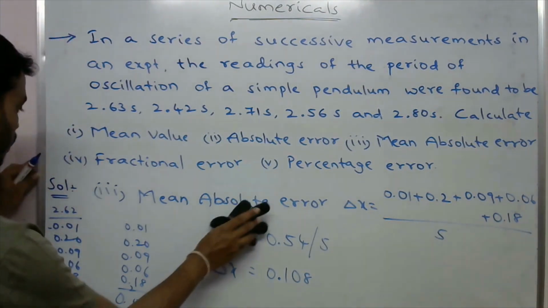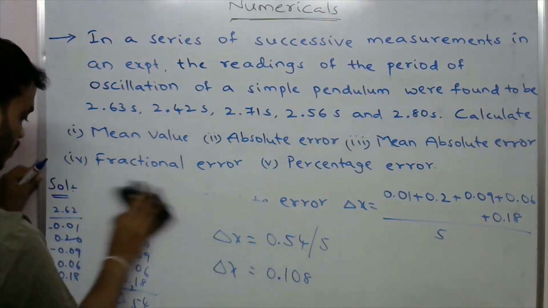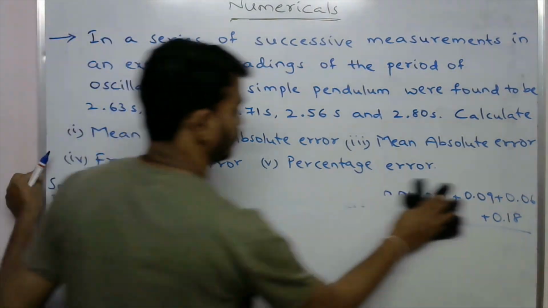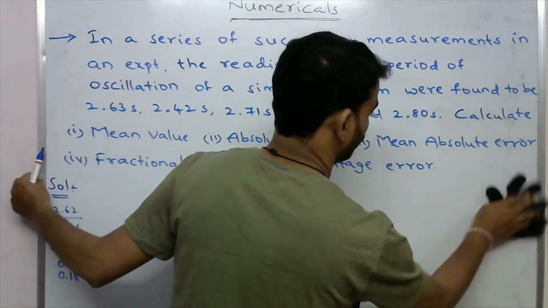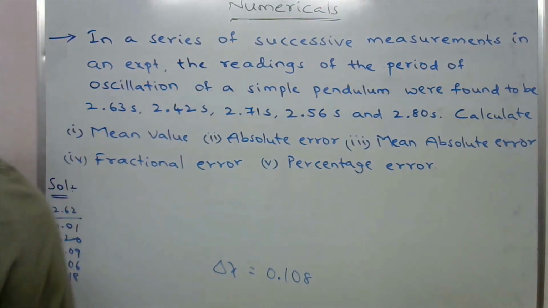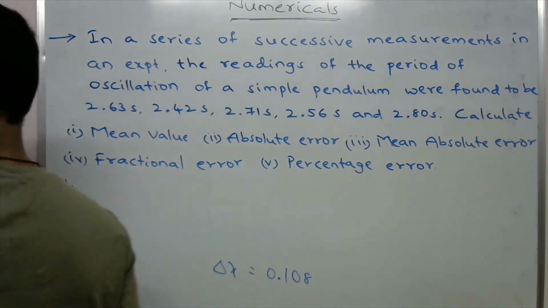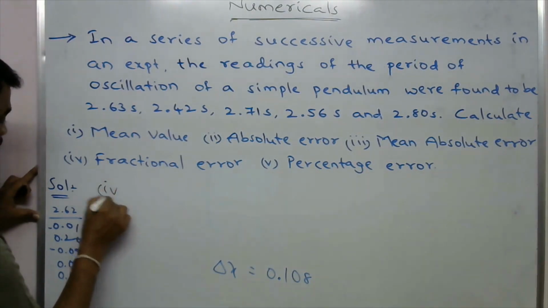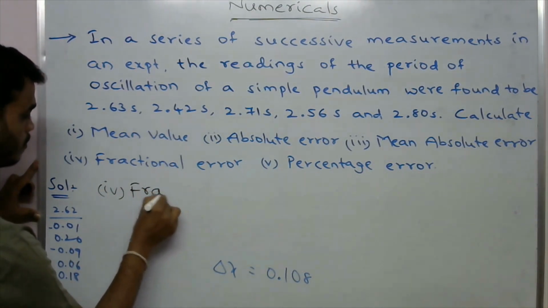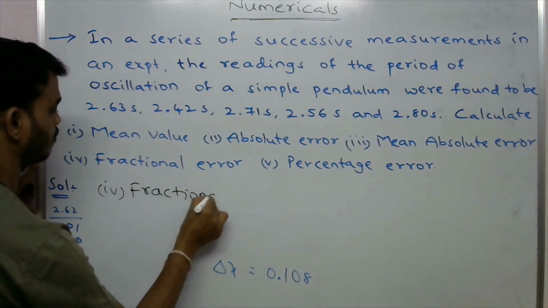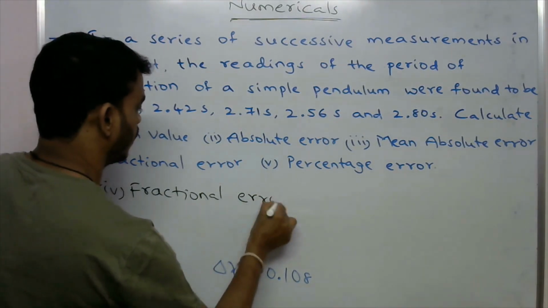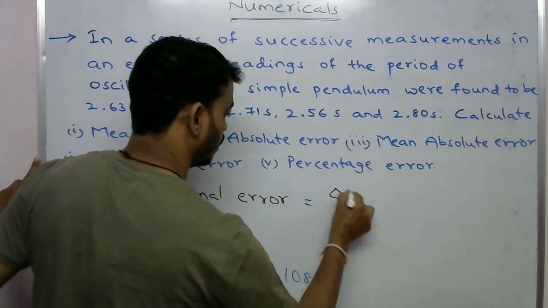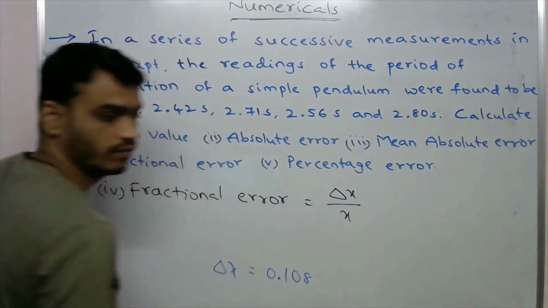So the fourth one is fractional error. Fractional error is equal to the mean absolute error value divided by the mean value.